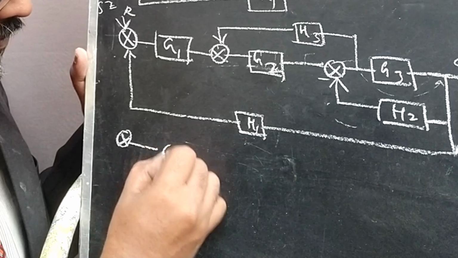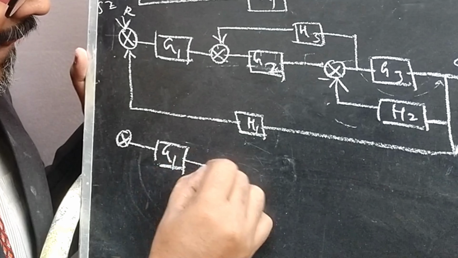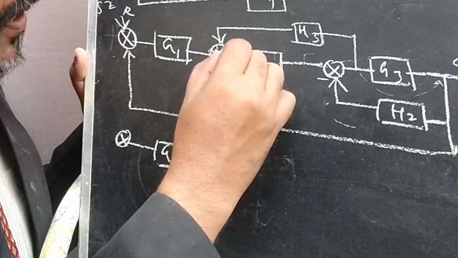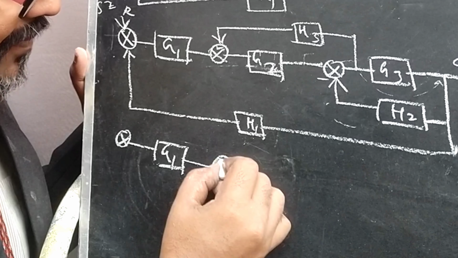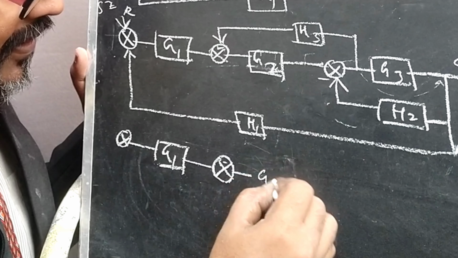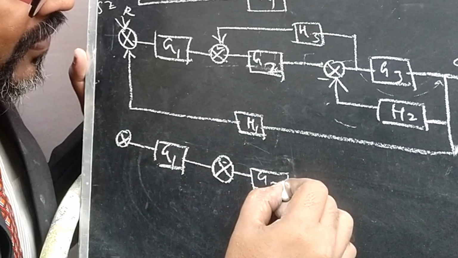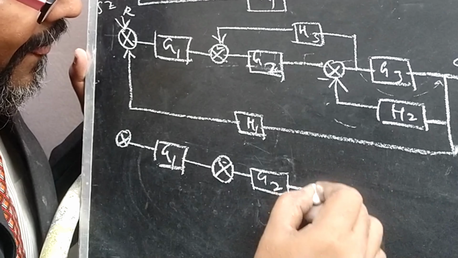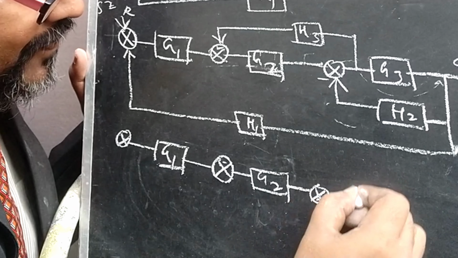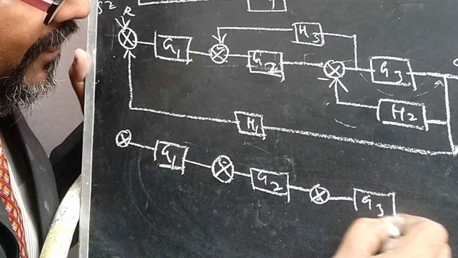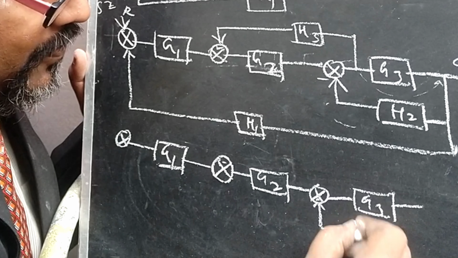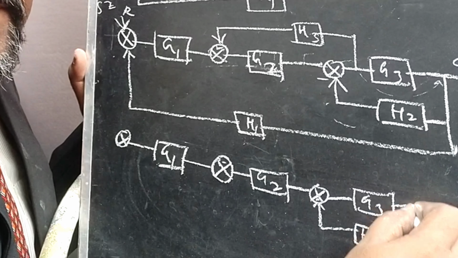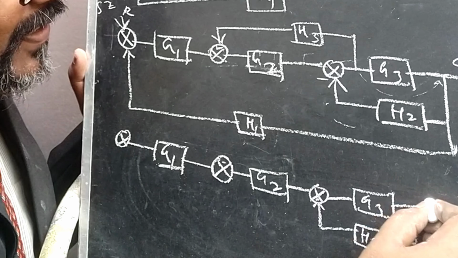Okay, G1, then this particular summing point. Don't forget to put the sign marks, it is very important, and here G2, and here it is minus, and here it is G3, and here it is H2, and here at this part.